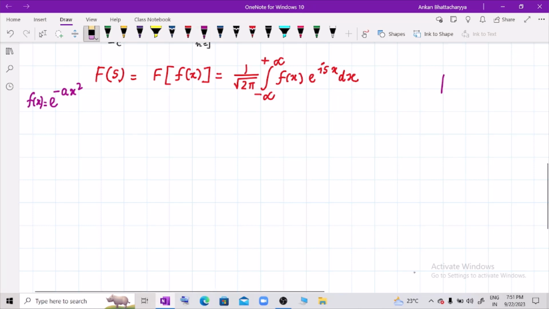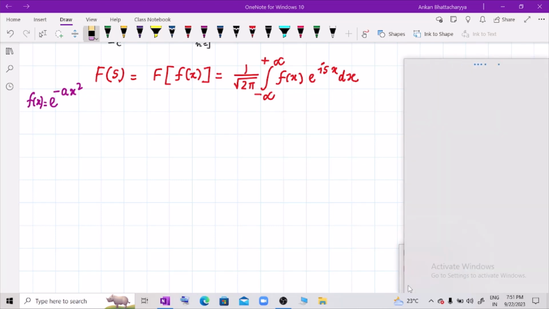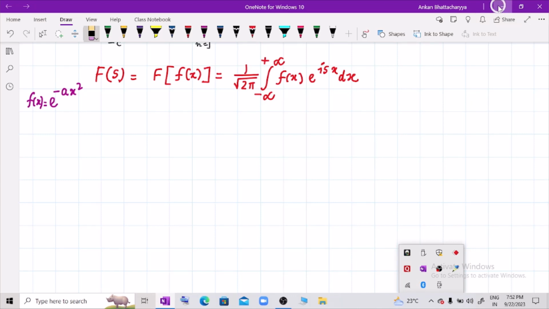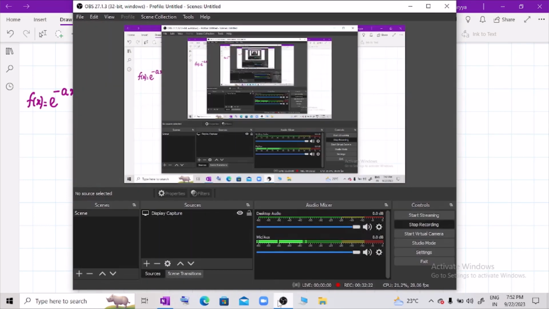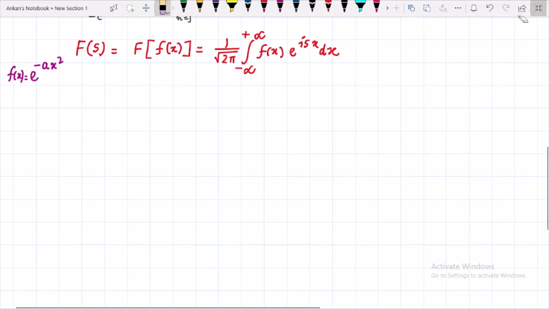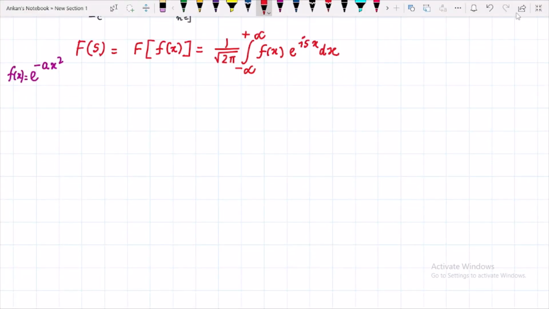Let us try to plot it. e to the power minus ax square means it will be a Gaussian curve like this.